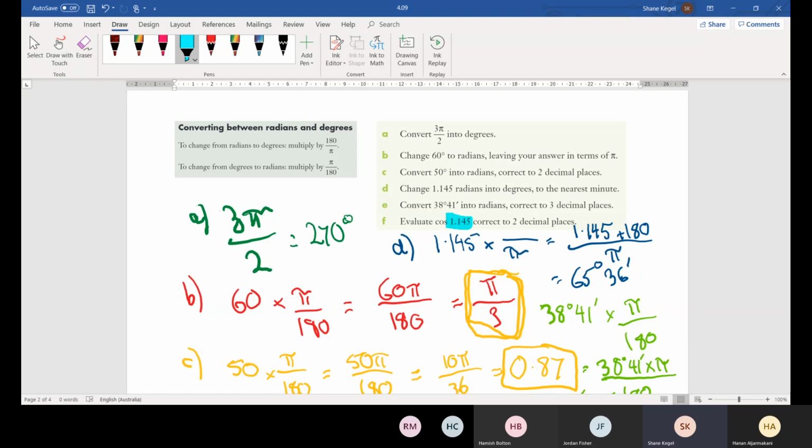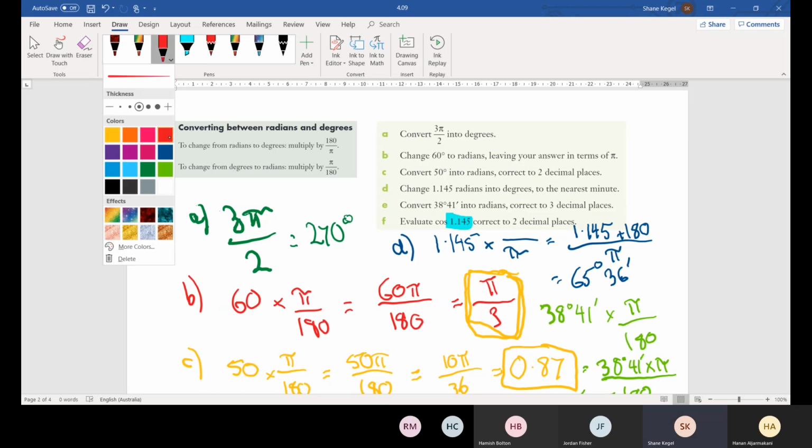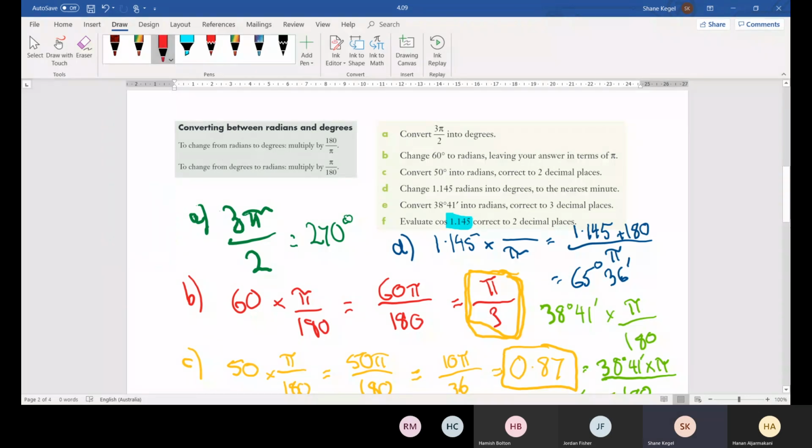Now, it's important, on your calculator, when you're entering this value, to be in radians mode. To get your calculator into radians mode, it's going to be quite tricky because we're going to be swapping between degrees and radians mode depending on what we're working with.